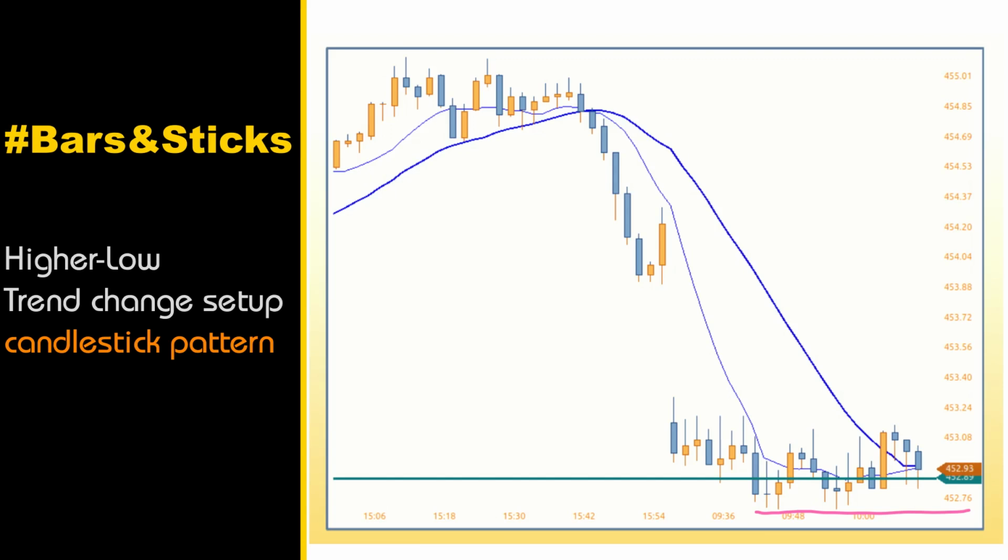So here's another tail possibly. And notice the bars. 1, 2, 3. 3 tails. So it seems positive.